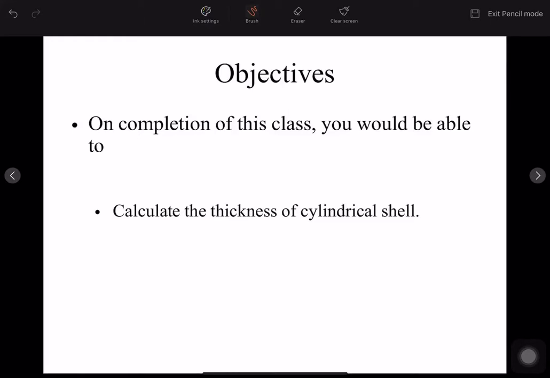Ultimately, we are designing a cylindrical shell with respect to the conditions to which it will be subjected in the future.